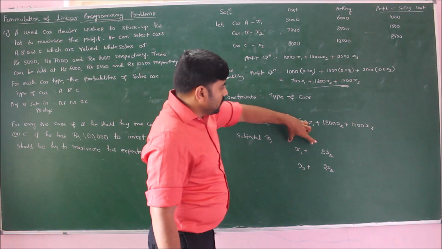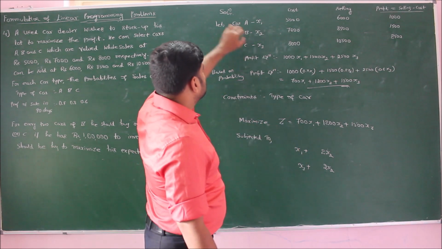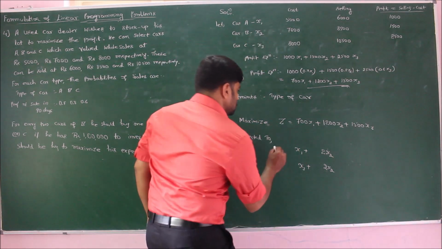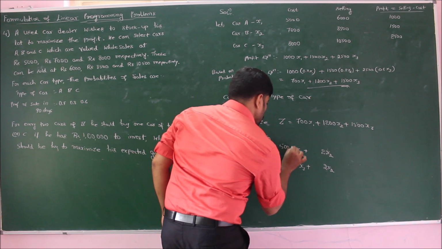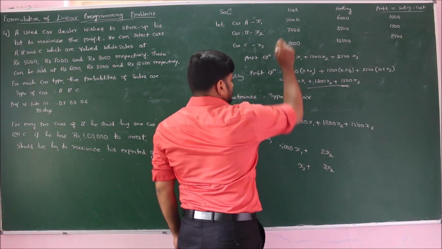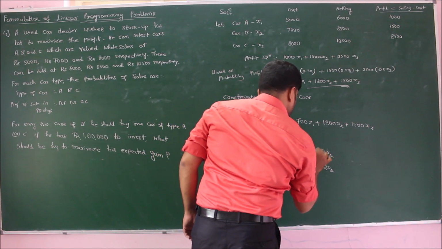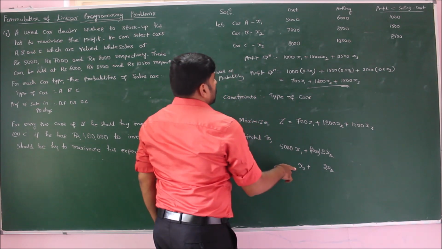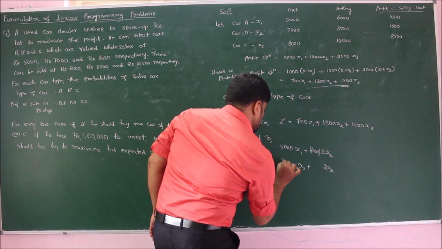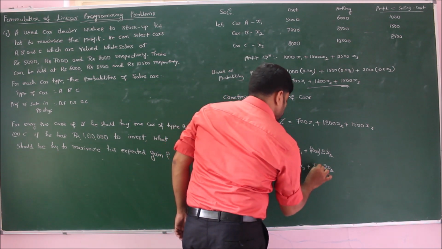Now we know the cost price of these cars. Car A costs him 5,000 rupees, car B costs 7,000 rupees, and car C costs 8,000 rupees, whereas car B is 7,000 rupees.